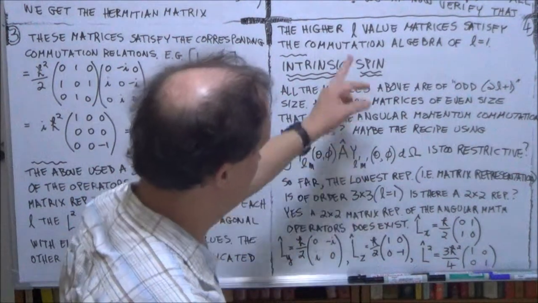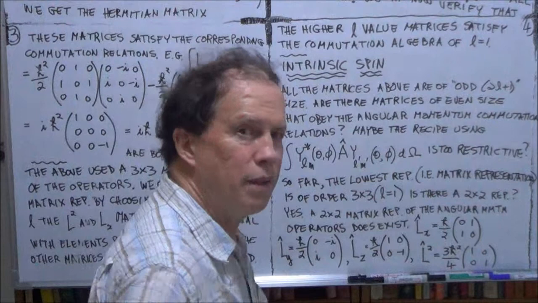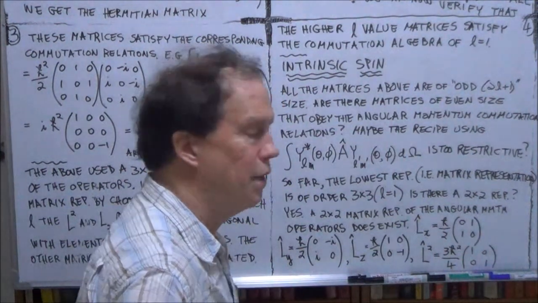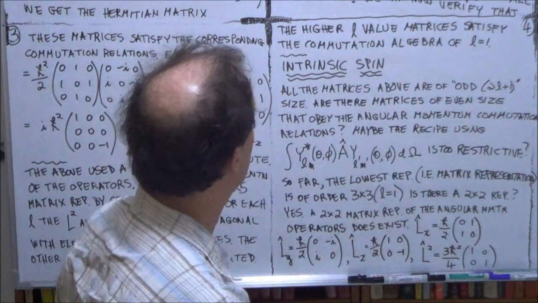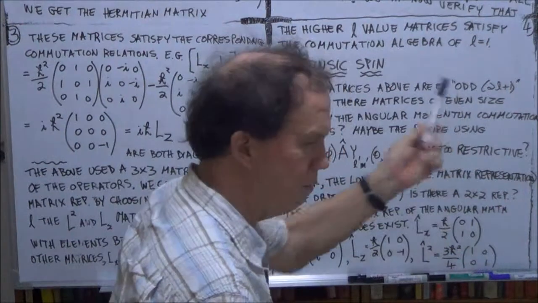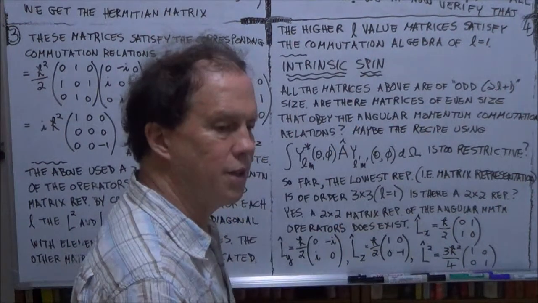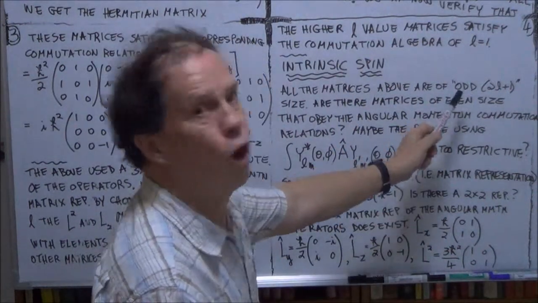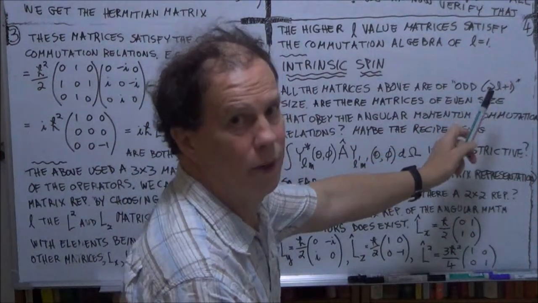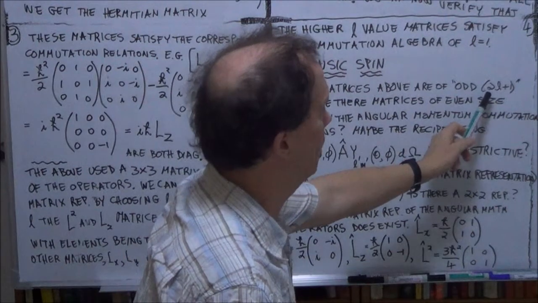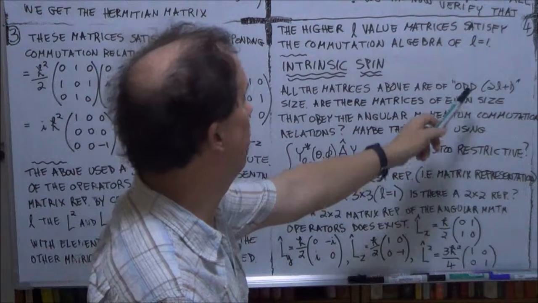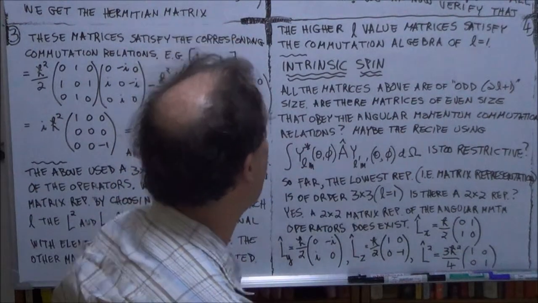Well, Davies takes a more mathematical, analogy type of approach. Here's his question. All these matrix representations we've done so far are square matrices of odd size, and that's a consequence of the m eigenvalue having an allowed range of 2L plus 1, so necessarily odd numbers.